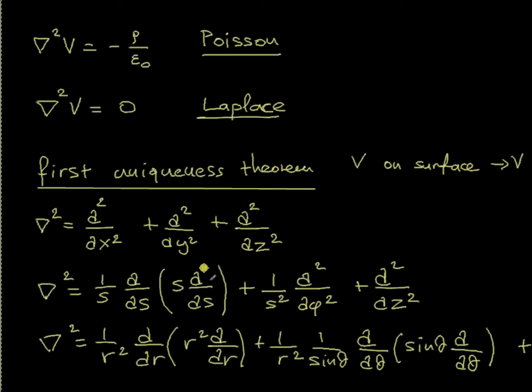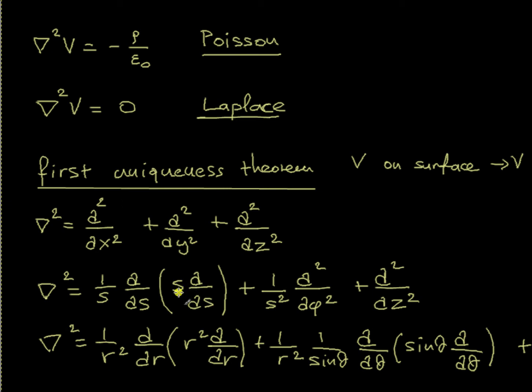Now, I will mention this again as we're solving problems, but one thing that I want you to pay attention to: the Laplacian in the Cartesian coordinate system is fairly simple, just the second partial derivative with respect to x and so on. Now, when you get to the Laplacian in cylindrical and spherical coordinate systems, pay attention to the following.